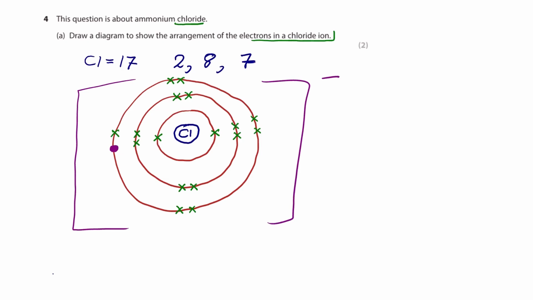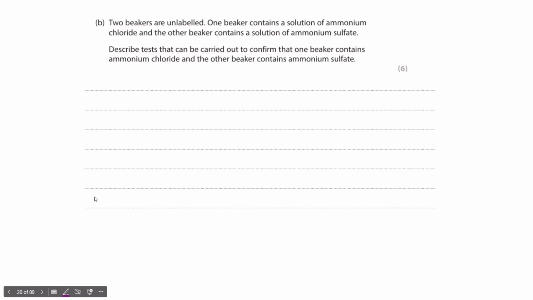Right, now we'll go for the next one. Two beakers are unlabeled. One beaker contains a solution of ammonium chloride and the other beaker contains a solution of ammonium sulfate. Describe tests that can be carried out to confirm which is which.